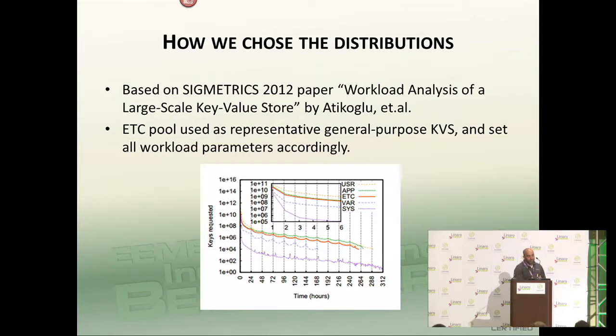And what they noticed was they had several different pools of data, and they chose what they call the ETC pool of data, which seemed to represent very real-world KVS values.